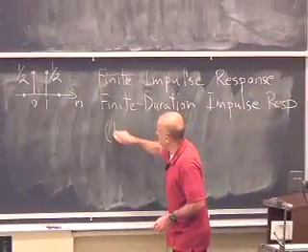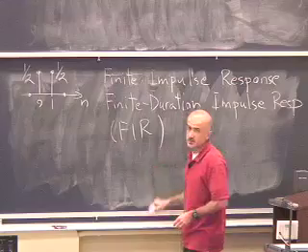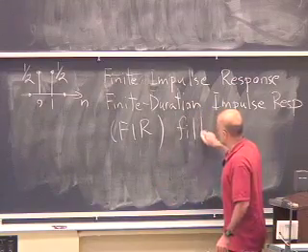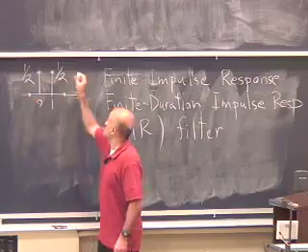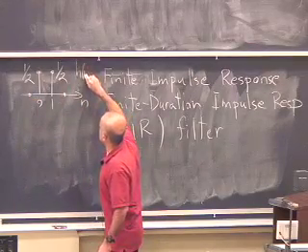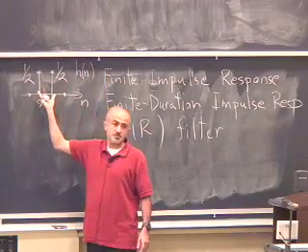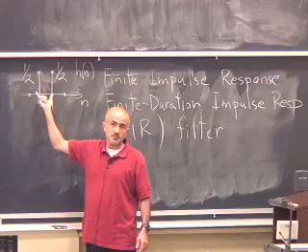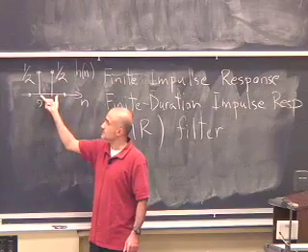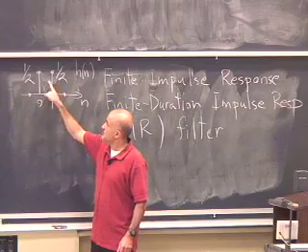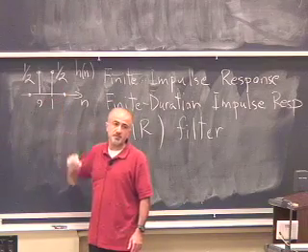And they all call it FIR filters. When you look at the impulse response and it's non-zero over only a finite range of values. So this is an FIR filter because its non-zero values extend over a finite interval.